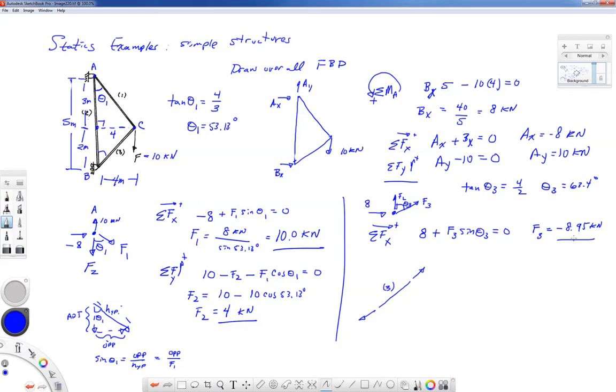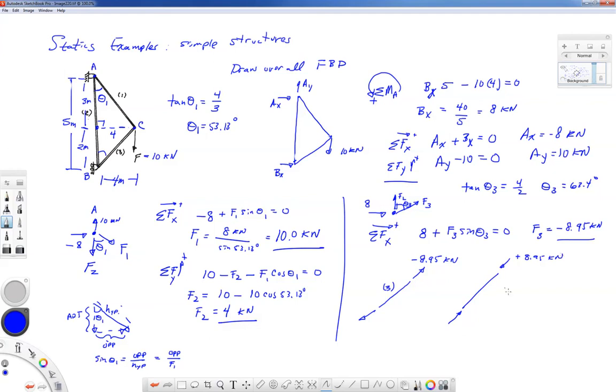But it's really going the opposite way, since the negative sign on a force changes the direction of the force arrow. So I can draw it like this with minus 8.95 kilonewtons, or bar 3 I can draw like this with a positive 8.95 kilonewtons. The point is, no matter which way we go with it, we need to realize that bar number 3 is in compression.